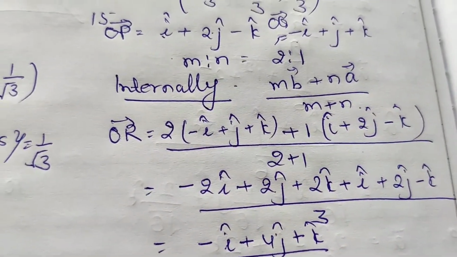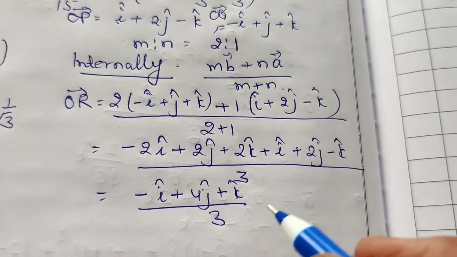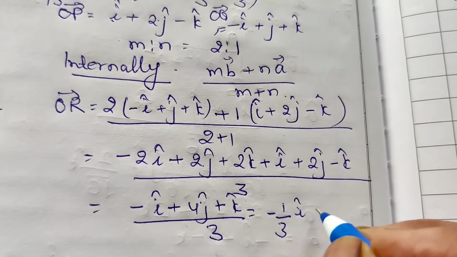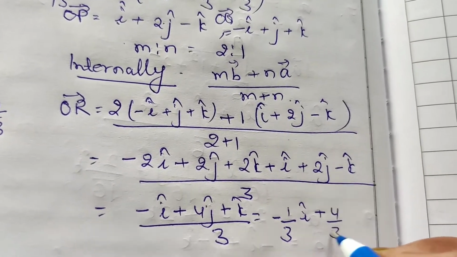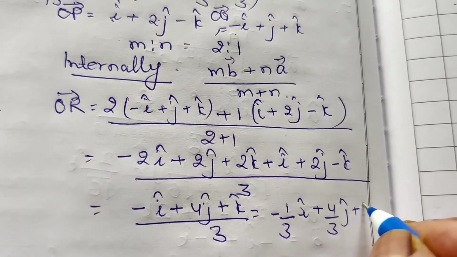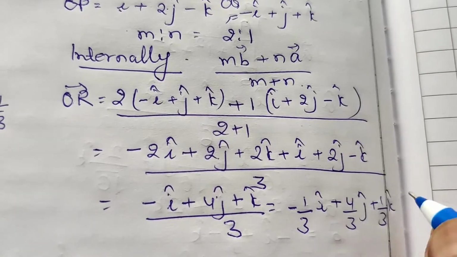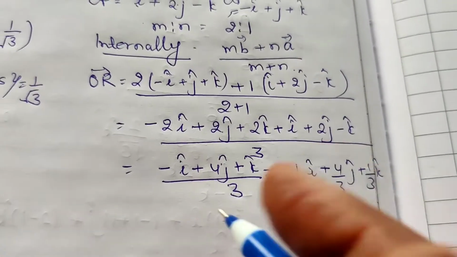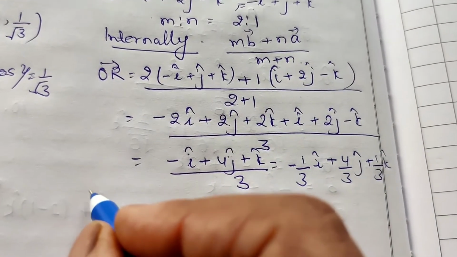This is the vector. You can write minus 1 upon 3 i plus 4 by 3 j plus 1 by 3 k. Now externally it is the same, only the formula changes.